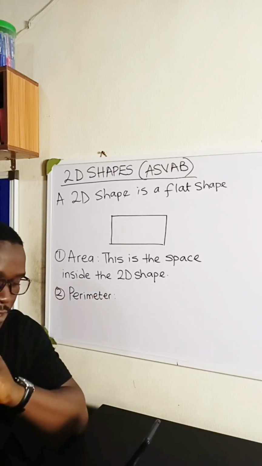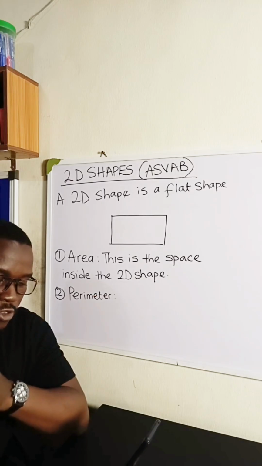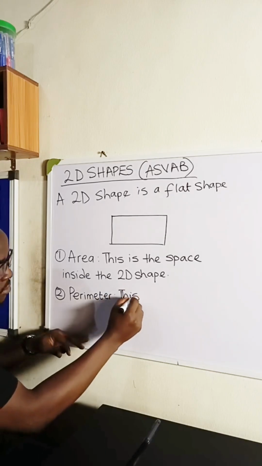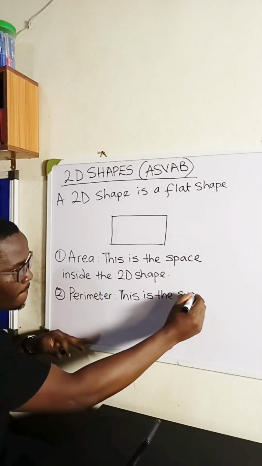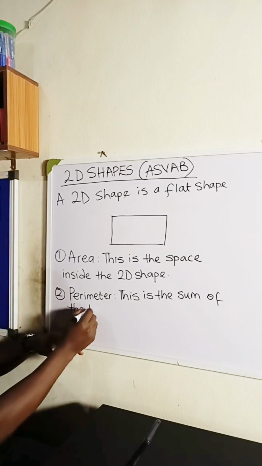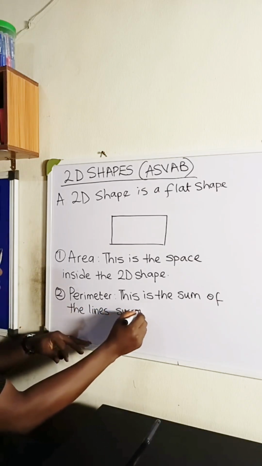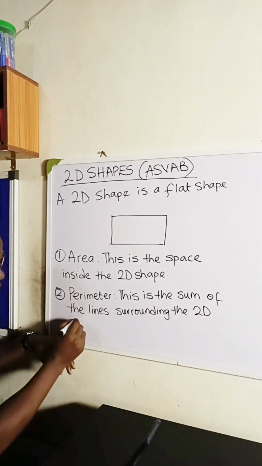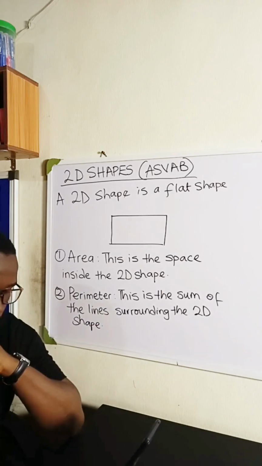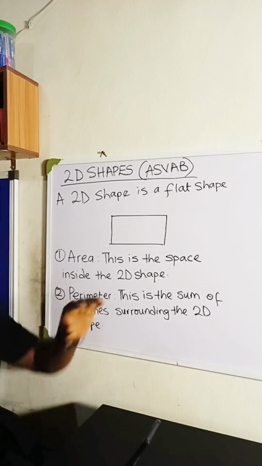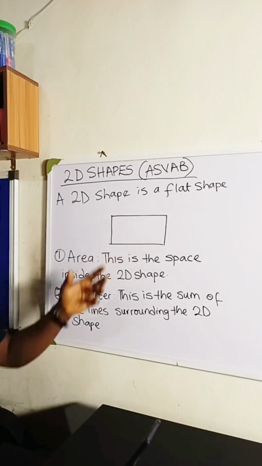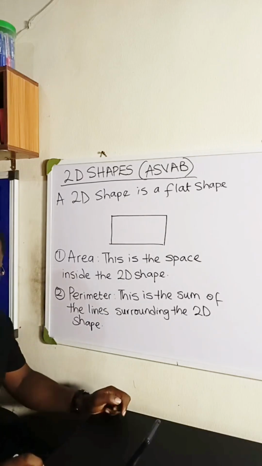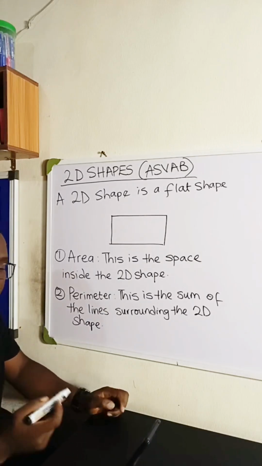The perimeter of a 2D shape is the sum of the lines surrounding the 2D shape. So the area of a 2D shape is the empty space inside the 2D shape. The perimeter of the 2D shape is the sum of the lines surrounding the 2D shape.